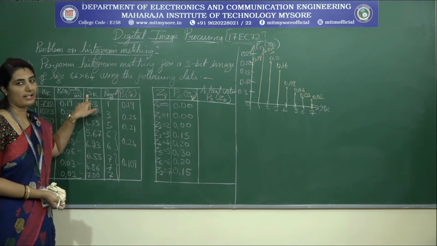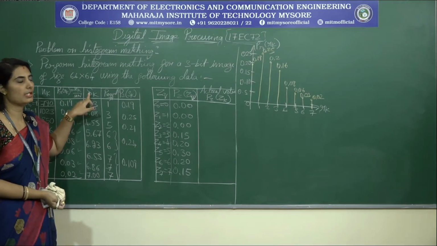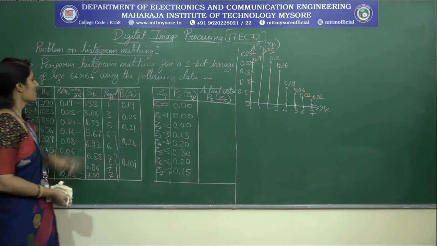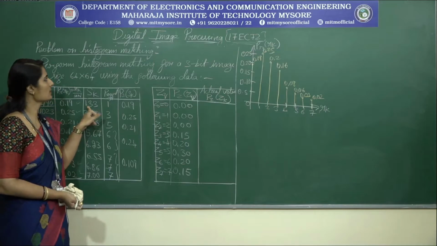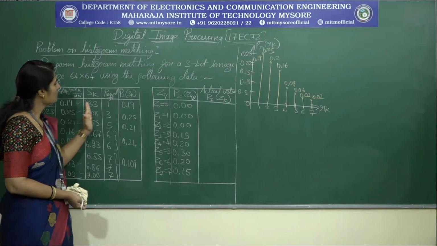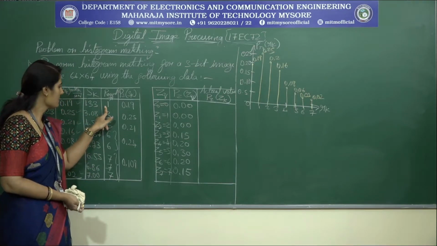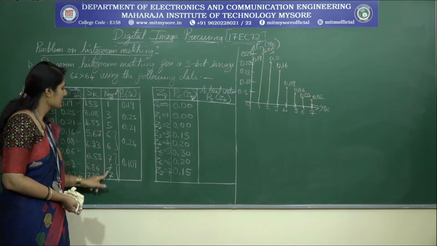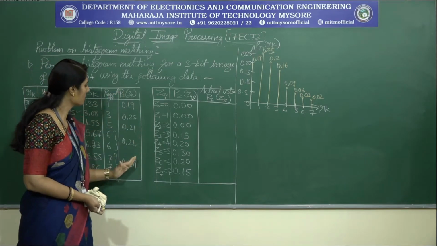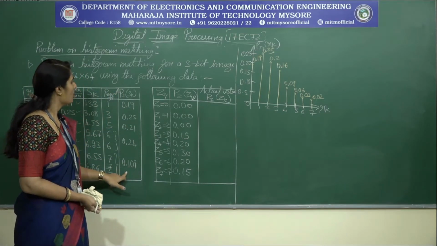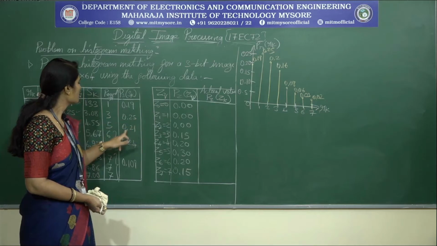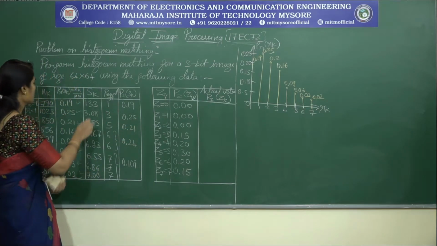Next we need to find the transformation function Sk using the formula, and I have done all these in my previous class, so refer to that. The Sk values are rounded off to their nearest integers. So this becomes 1, 3, 5, 6, 6, 7, 7, 7. The probability density function of this histogram equalization is given by 0.19, 0.25, 0.21 corresponding to these values.